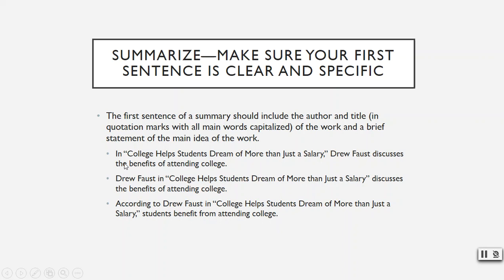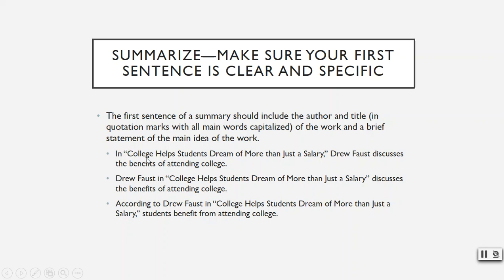You could start with "In" and then the title of the article. Now notice something specific here. You put quotation marks around titles of articles, and then you need to capitalize the first main word of the title.